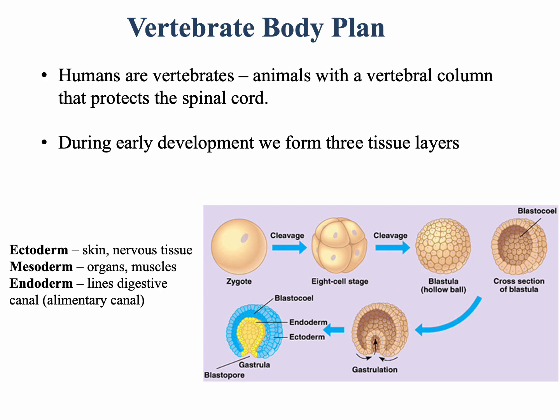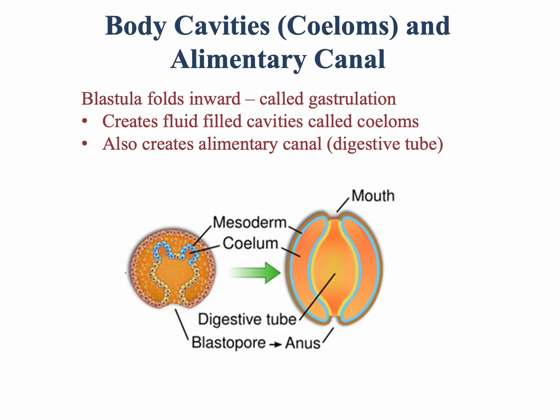Okay, so let's go on here. On this image, it continues on talking about these body cavities that we'll be discussing soon, the coelums, and the alimentary canal that was formed just now by that gastrulation.